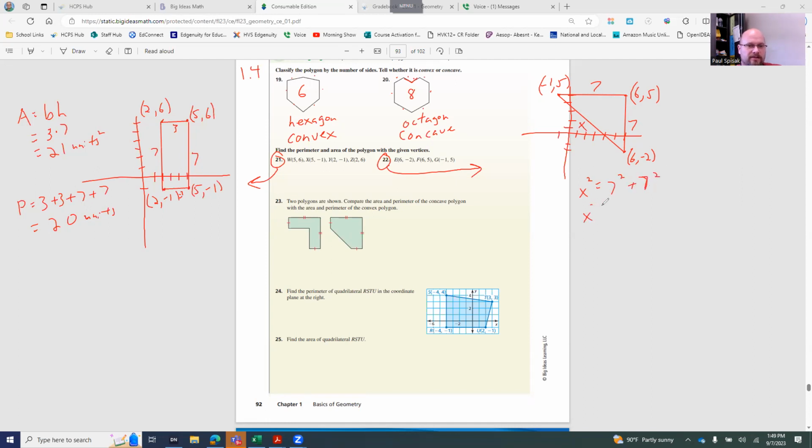So x squared equals 49 plus 49, which gives us 98. So I need the square root of 98. Square root of 98 is 9.899, so 9.9.